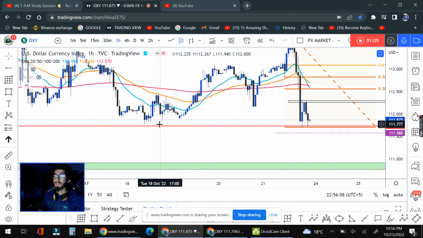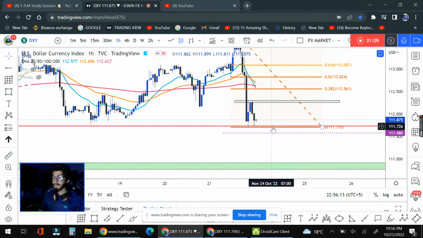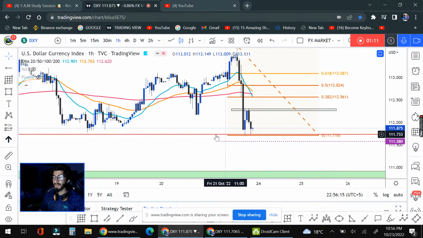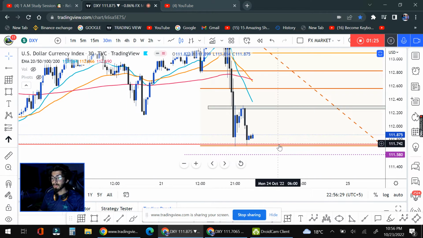Price rejected multiple times from this area, and in the current scenario we have seen a double bottom chart pattern, and this shows weakness in the bearish selling trend. So in the 30 minutes, you can see that there is a clear double bottom formation, and price has some kind of range area.